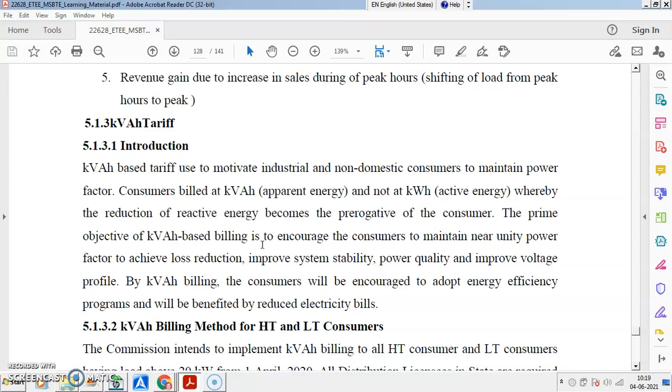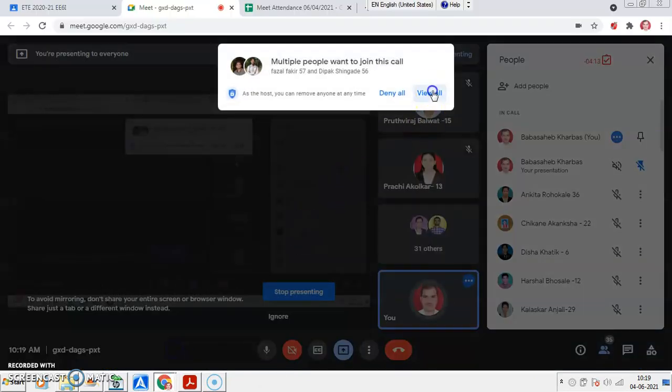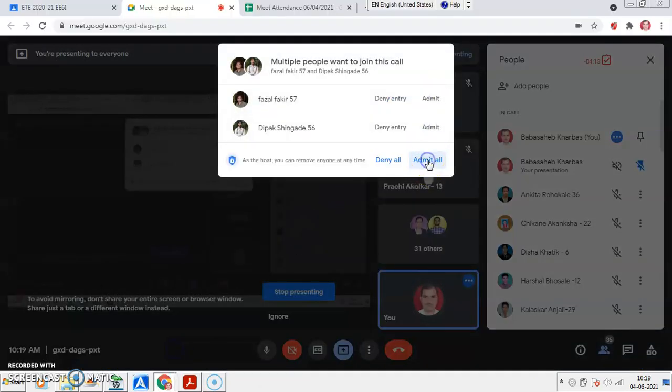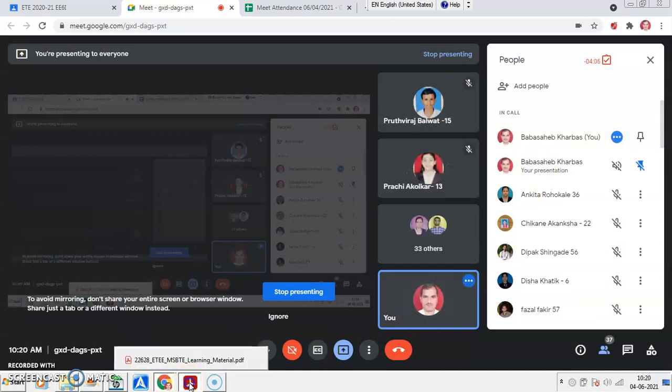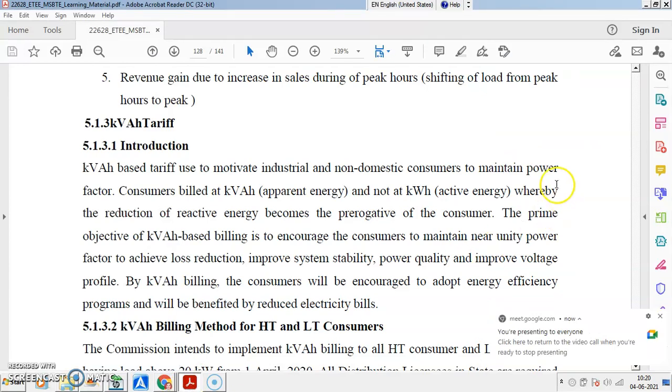This is a vector sum, not a direct sum. Earlier we were having the energy charges based on P, but now we are implementing with S, means kVAh.